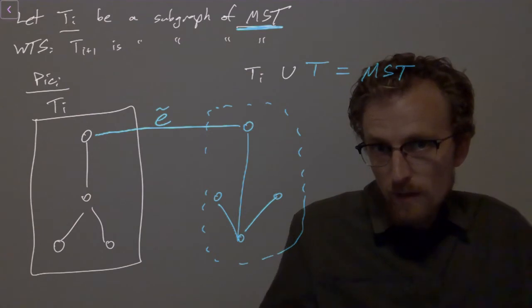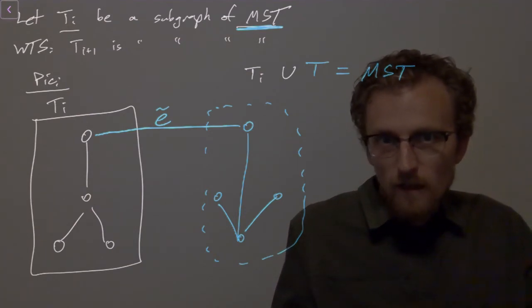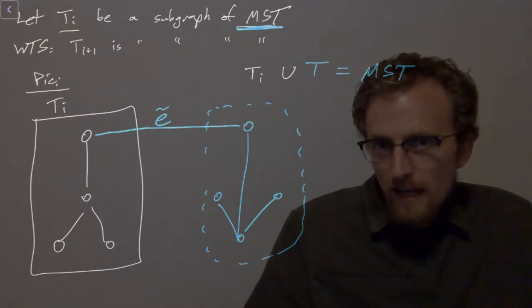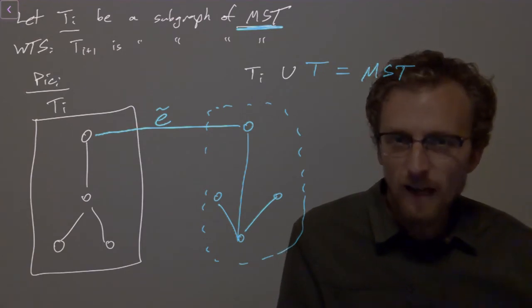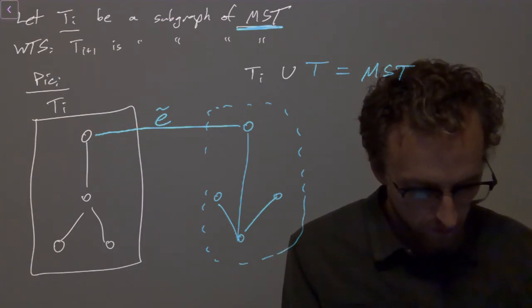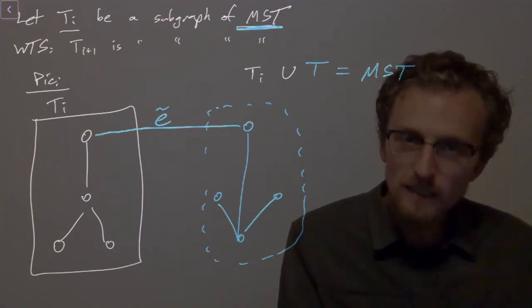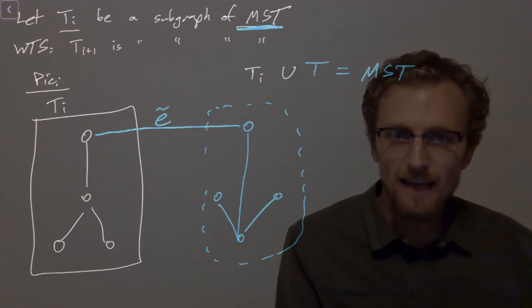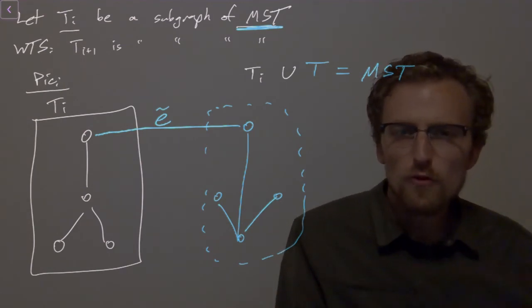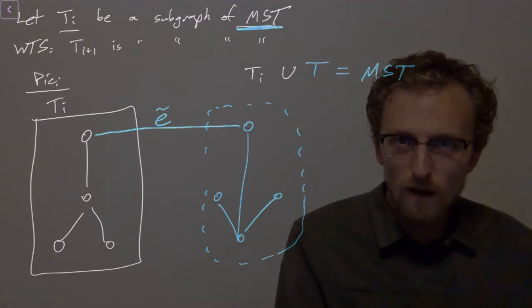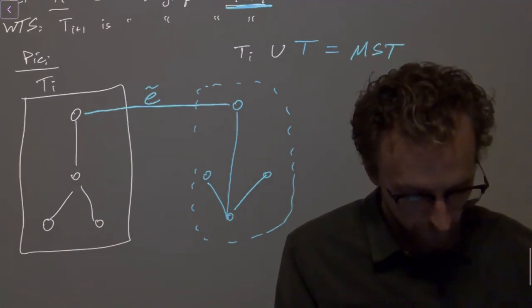Every time Prim adds a node to the tree, it adds an edge along with it. We're going to assume Prim doesn't add that edge. Okay, and what does that mean? Well, it means that it generates a tree that is a subgraph of no minimum spanning tree.